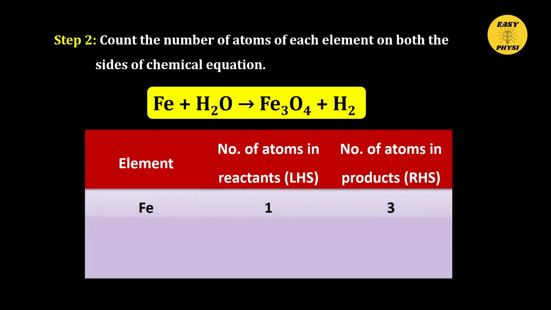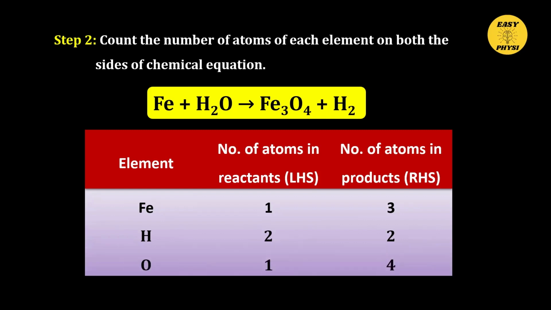For the element Fe, the left hand side, the reactant side, has one atom, while on the right hand side, the product, it has 3 atoms. For hydrogen, the number of atoms in the reactant is 2, while on the product side it is also 2. For oxygen, the number of atoms in the reactant is 1, while on the product it is 4.